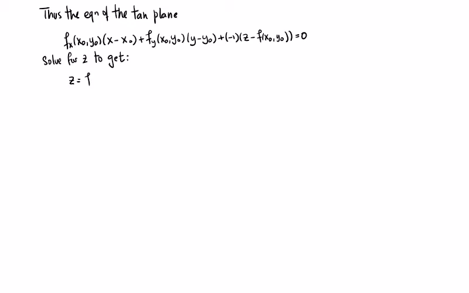So when we do that, we get f of x0, y0 plus f sub x at x0, y0 times x minus x0, plus f sub y at x0, y0 times y minus y0. Now, this looks really awful, but this should ring a bell. It reminds us of the tangent line at the very beginning.